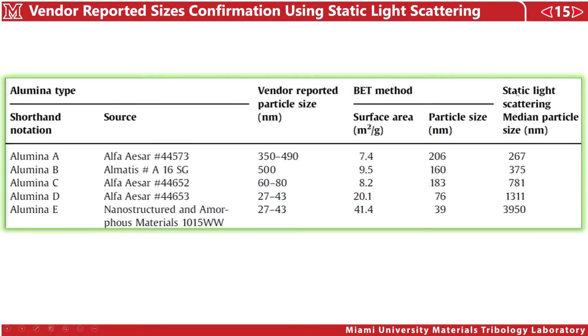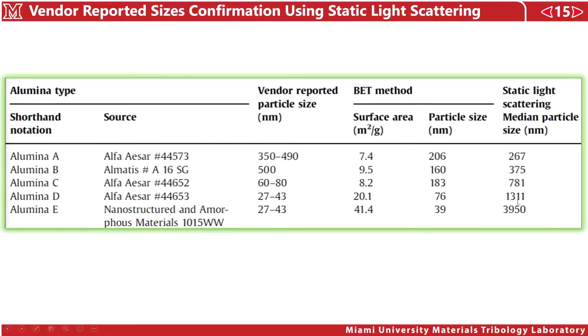On the other hand, the actual experimental results of the SLS, static light scattering method, gave these values: 267, 375, 781, 1311, and 3950. So there's a huge difference in the order of magnitude from what was reported by the vendor.